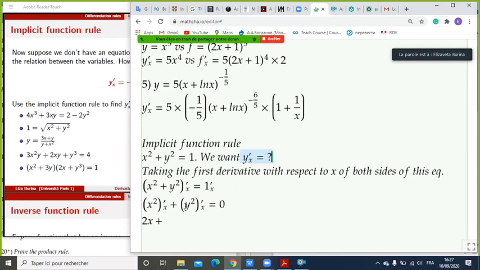So in here we have our chain rule hidden: the derivative of y squared will be 2y, but then we have to multiply it by the derivative of y with respect to x, because y is a function. We don't know which function. If we knew it, perfect, we would take this derivative straight using chain rule. But we don't know, so that's how we write it. And this thing is equal to 0.